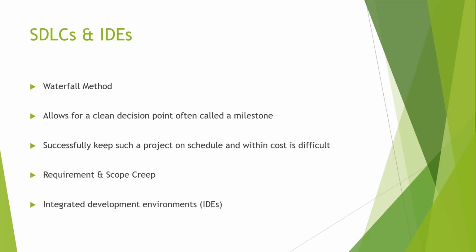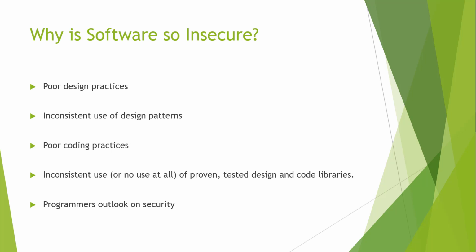Again, oftentimes we are security professionals, not coders. So we're not expected to understand everything about coding, but we need to understand that during the coding process, we have to ensure that a certain level of security is in place. That brings us to a very important question: why is software so insecure?